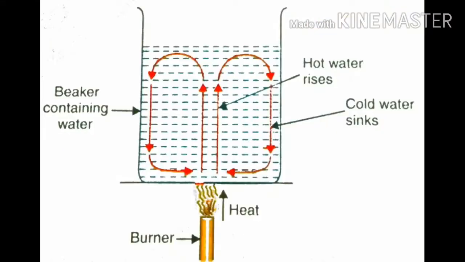Next, convection. Convection is the transfer of heat from the hotter part of a liquid or gas to the colder part by the movement of liquid or gas itself. The transfer of heat by convection can take place only in liquids and gases because the particles in liquids and gases can move about freely.